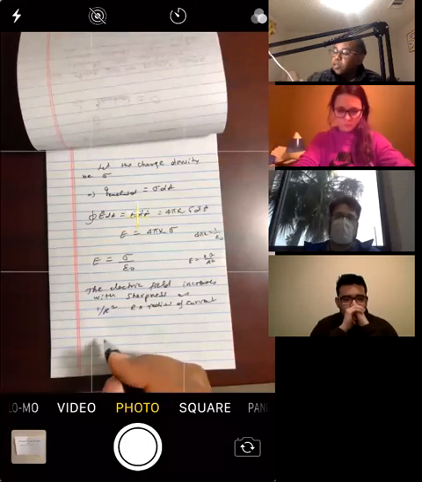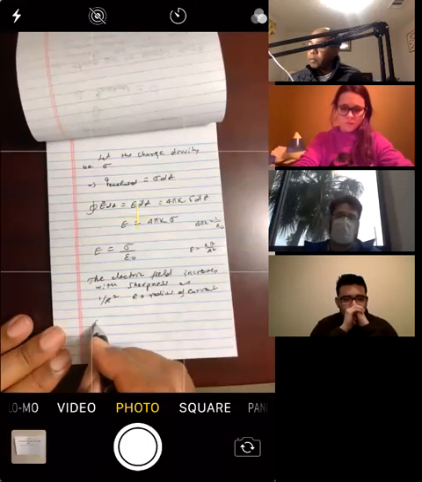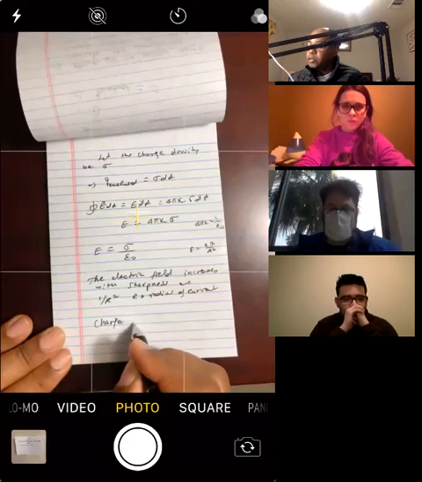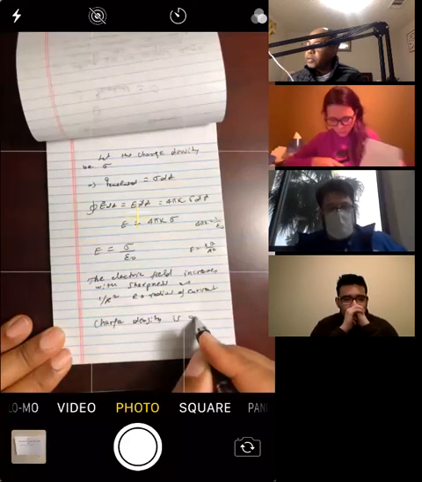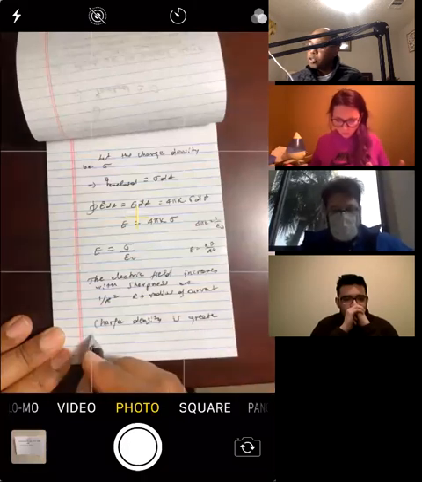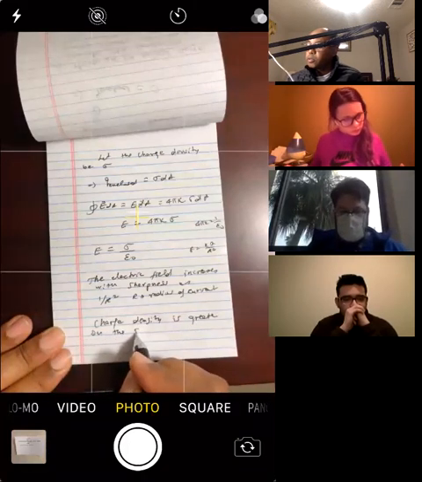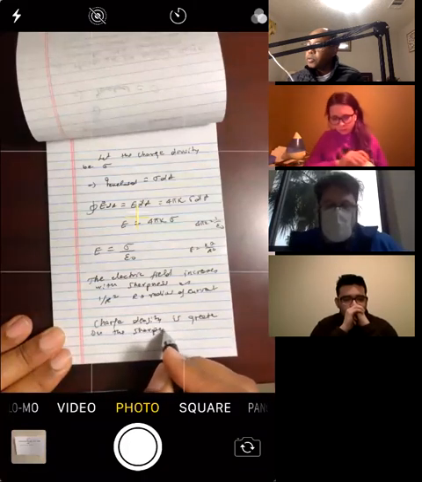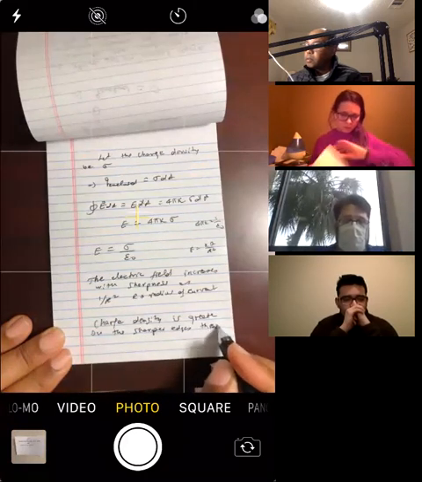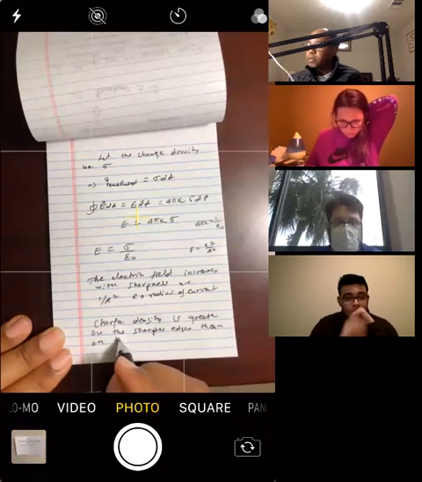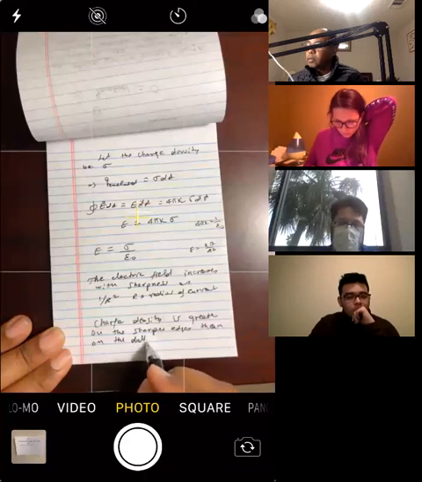So charge density is greater on the sharper edges than on the dull edges.